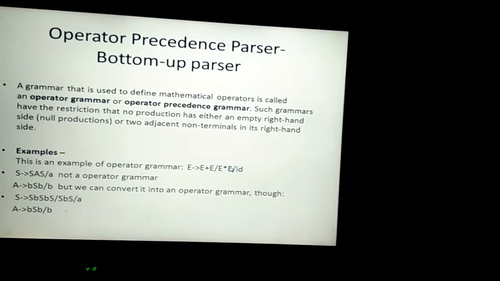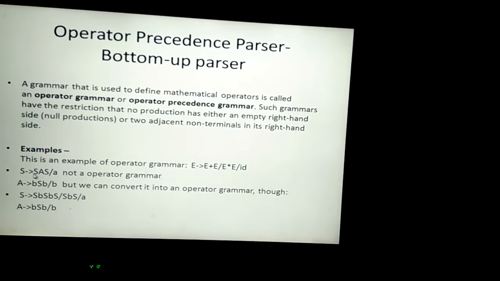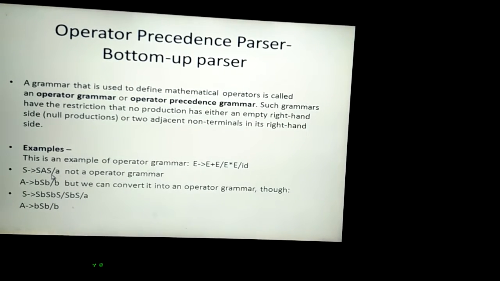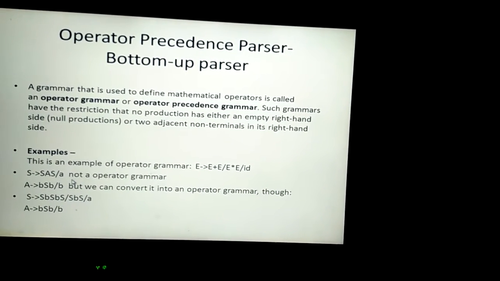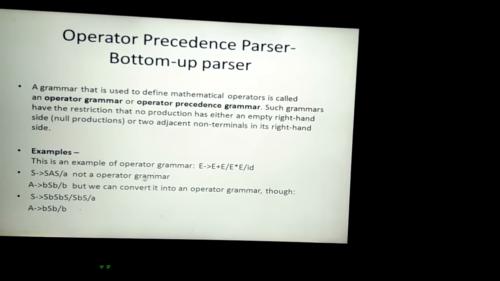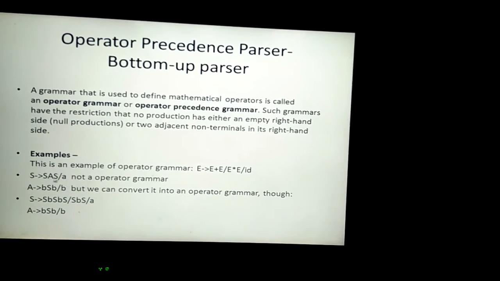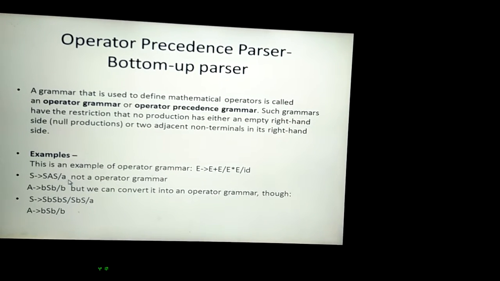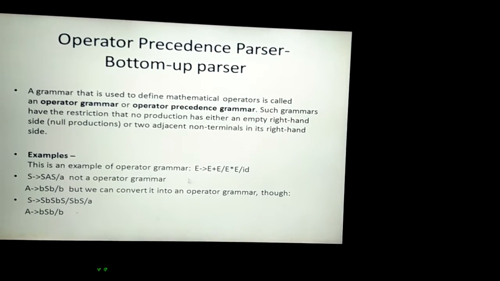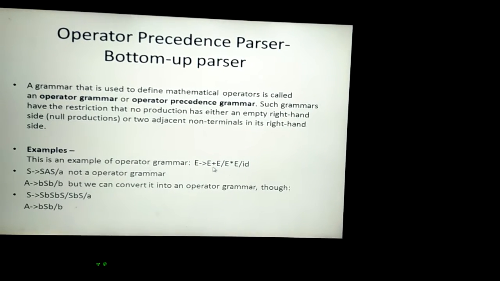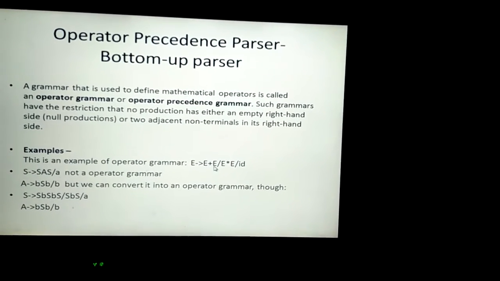There are some examples like S giving S A S, or it can also give an identifier A. Such a grammar is also said to be a non-operator grammar because it has not got any operator. The operator grammar has the operators in between the variables.